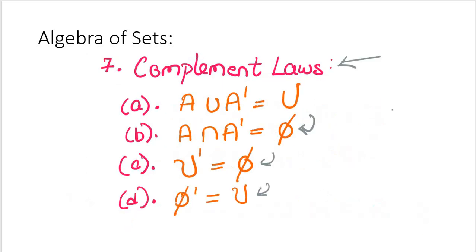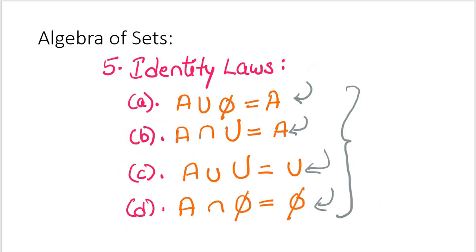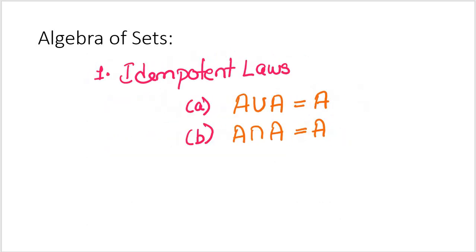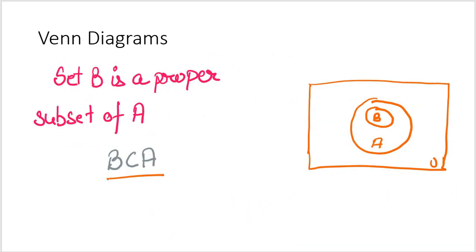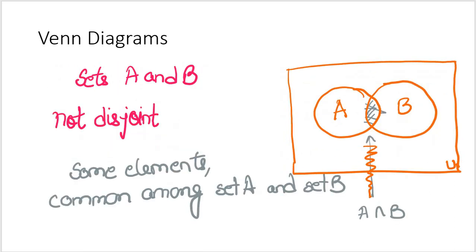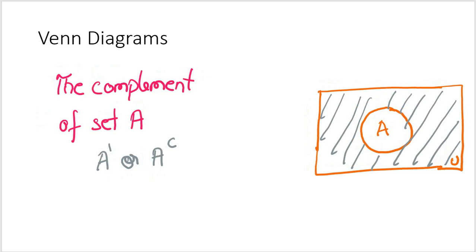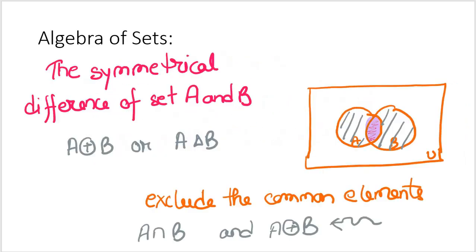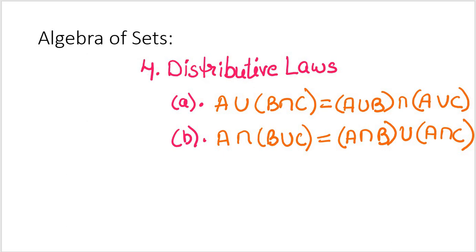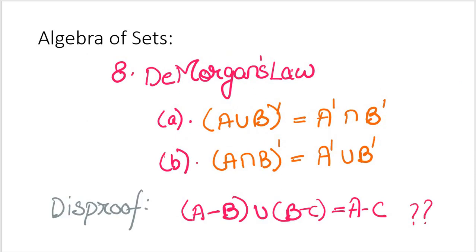What you can do is use all these laws which we have previously studied in this video a few minutes back, and whatever is added, that can be used to prove this particular part, right? From the Venn diagram, or even by using all these laws, that would be very handy for going for this particular disproof. Now this disproof is a very popular term, and I would advise you to go ahead with some amount of reading on this particular topic.